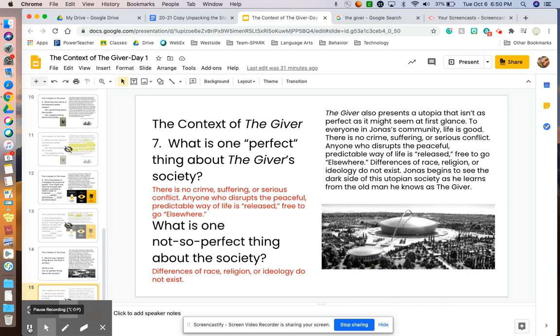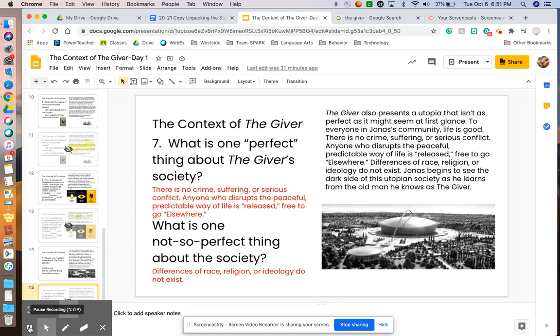If we all believe the same thing, we wouldn't have to even have a political party. We would all be able to support the government in the same way because we would all agree with each other. So even though we label that as a not so great thing, is it? That's something else you need to think about as you read The Giver.